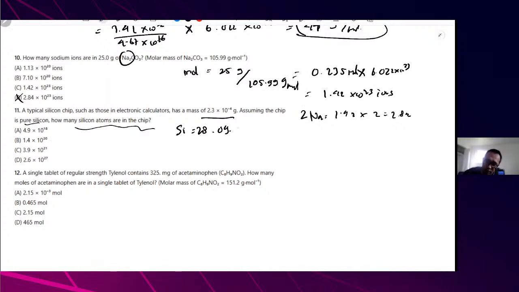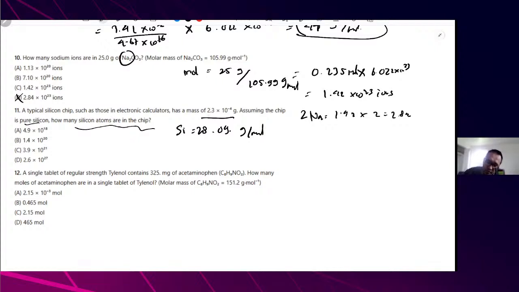So this is the molar mass, grams per mole. Again, we need to determine this one, right? Gram to mole to atom. Molar mass, like I mentioned, is grams per mole.